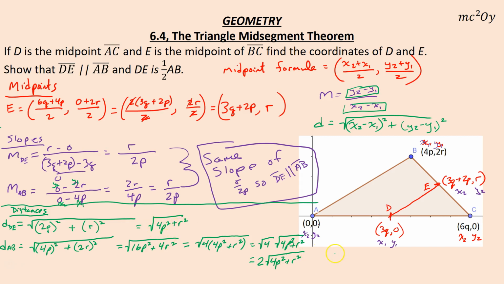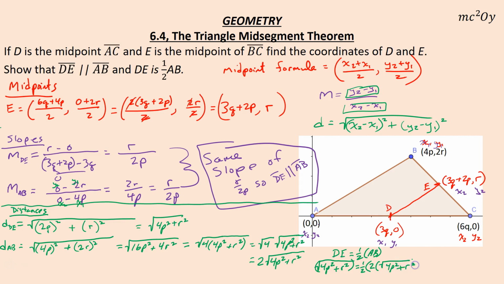So really, when I'm summarizing this at the end here, you can say, well, I'm trying to find that DE is 1/2 of AB. Okay? And I know that DE has a measure of the square root of 4p squared plus r squared. And that's equal to the measure of AB. And the measure of AB is equal to 2 times the root of 4p squared plus r squared.